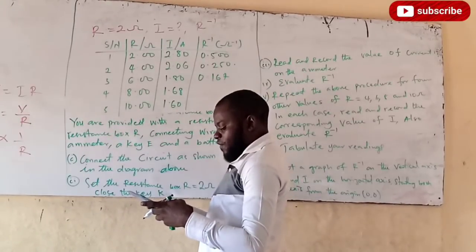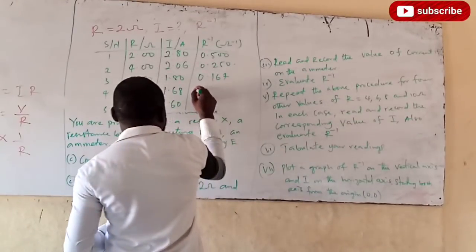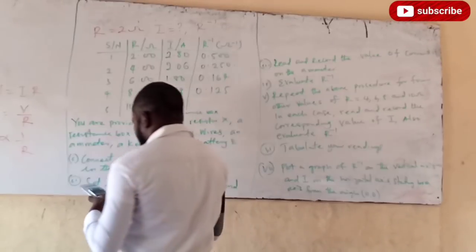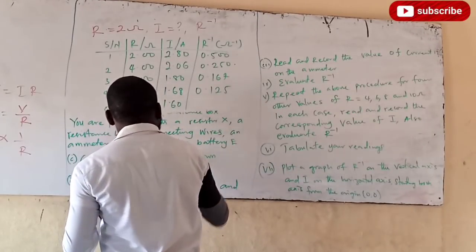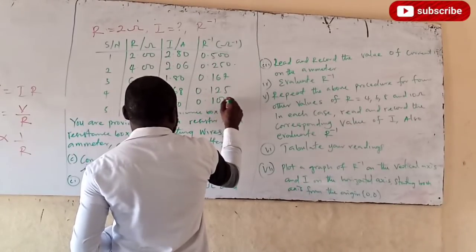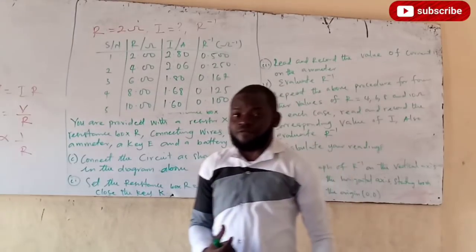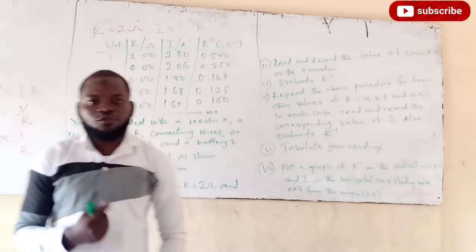And 1 divided by 8, that's 0.125. And 1 divided by 10 gives us 0.100.